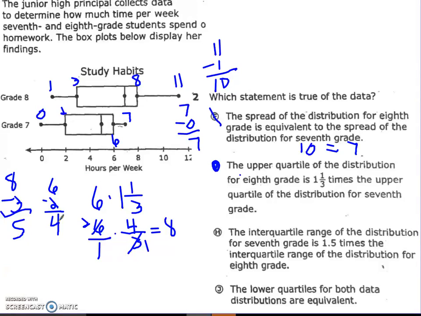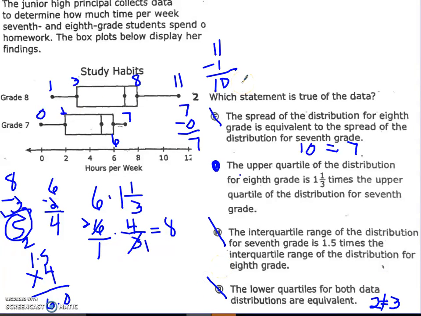So if I did 1.5 times 4, I would get 6. Well, this is not 6. So it's not H. And the lower quartiles for both data distributions are equal. This one's 2, this one's 3. So they're not equal.